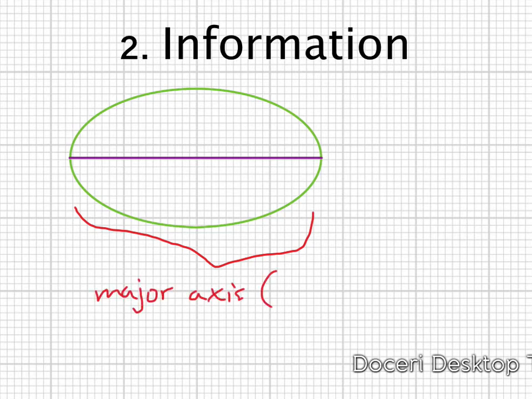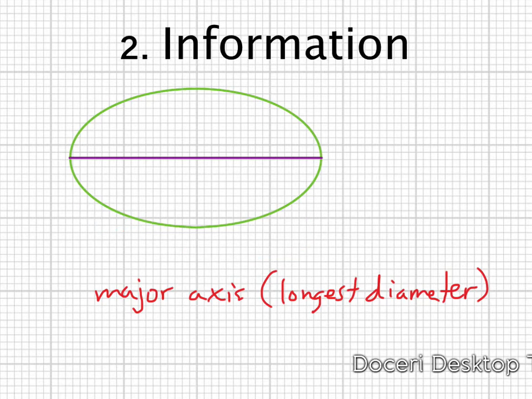This is my longest diameter. You remember from a circle, the diameter of a circle is the distance from one point of the circle to another point that goes through the center.